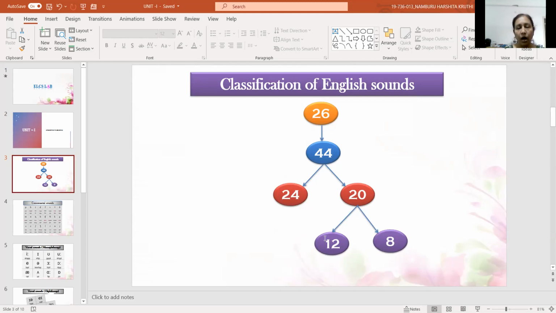How do we know that English has only 44 sounds? Because the International Phonetic Alphabet decides this standard. It decides the sounds of English, and then ultimately the standards of the sounds as well, right.